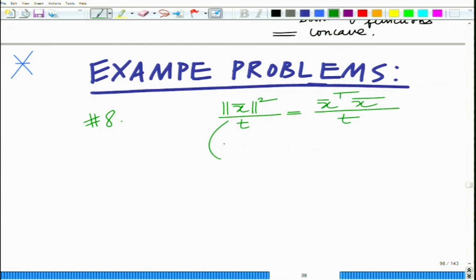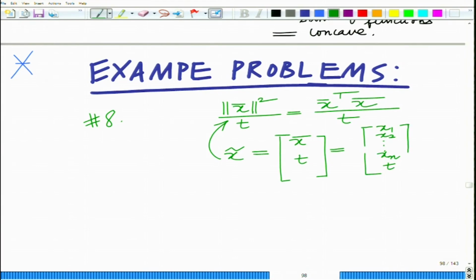You can think of this as an n plus 1 dimensional function. So, if you define the vector x tilde equals the vector x bar augmented with t, which is basically x1, x2 up to xn and then one additional element, this is your n plus 1 dimensional vector.